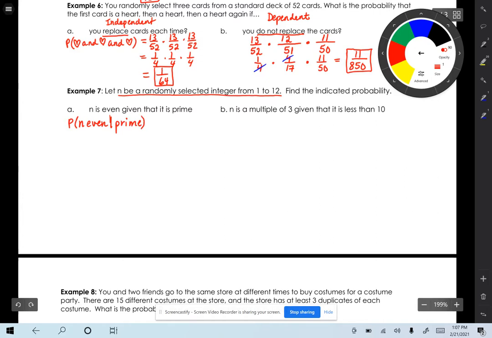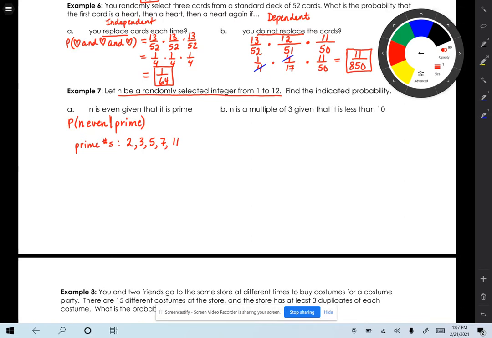Okay, so what you want to do is list the prime numbers. 1 is not a prime number, but 2 is, because it only has 2 factors. That's the definition of a prime number, 1 times 2. 3 is, 4 is not, because you have 1, 2, and 4. 5 is, 7 is, 8 and 9 are not, 11 is, and 12 is composite.